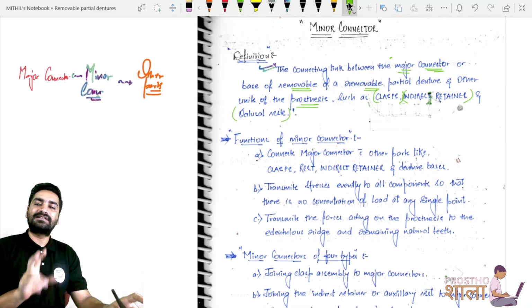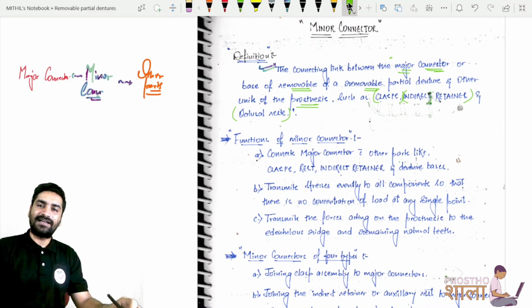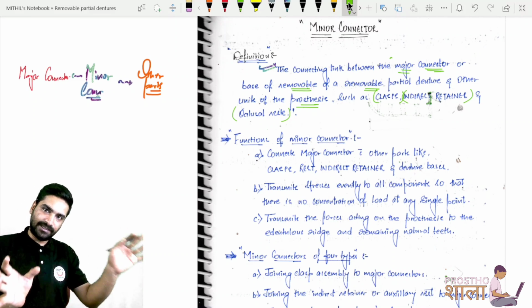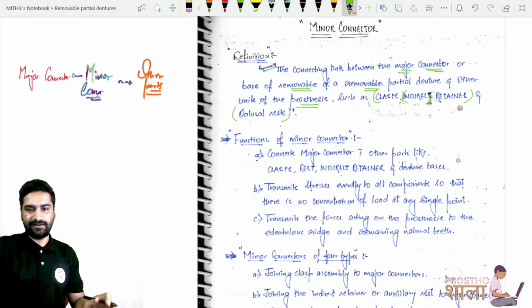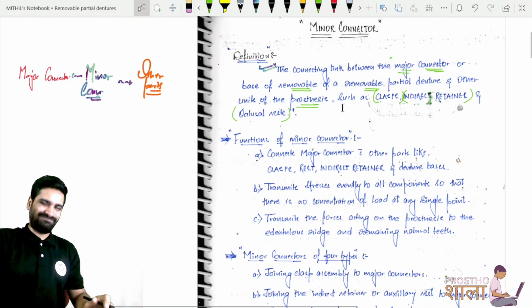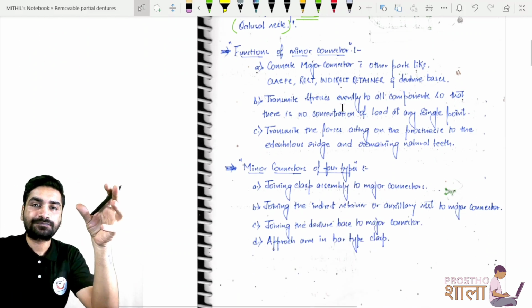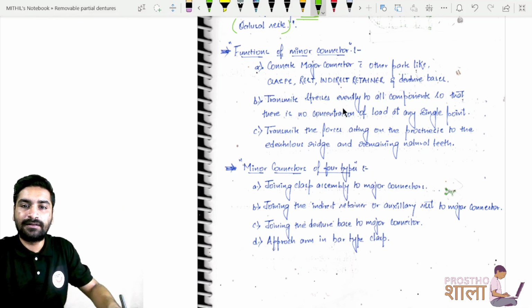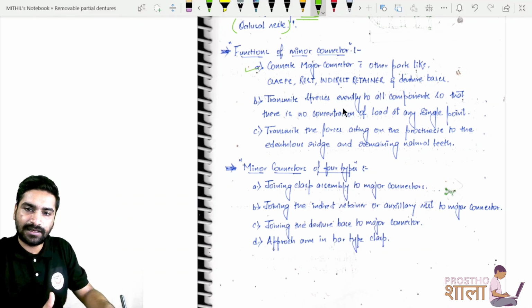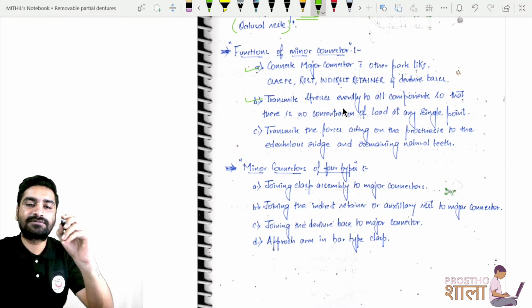So anything which is connecting your clasp, the indirect retainer or occlusal rest with the major connector is called minor connector. When we talk about functions of minor connector, it connects the major connectors with the other parts like clasp, rest, indirect retainer, denture base first. The definition itself becomes the first function.